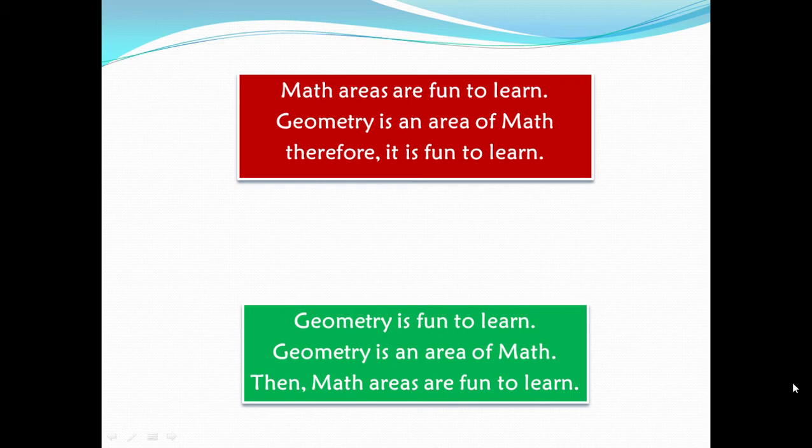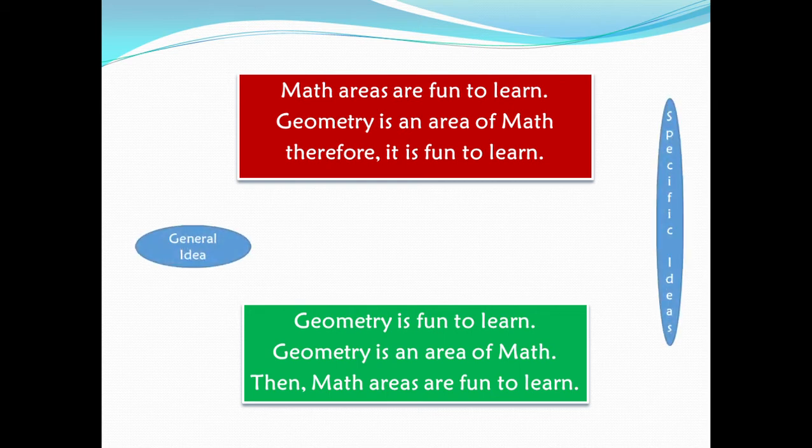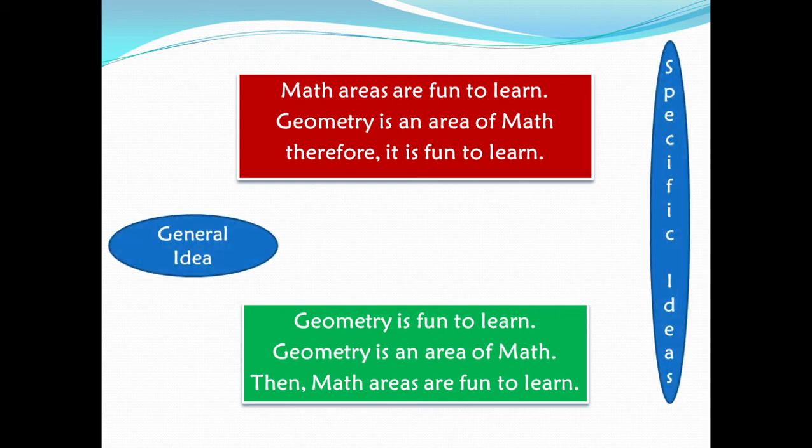So, in the two sets of statements, we can generate two different ideas, general idea and specific ideas. In the first set, the general idea here is the first sentence, math areas are fun to learn. In the second set, the general idea is located at the latter part.